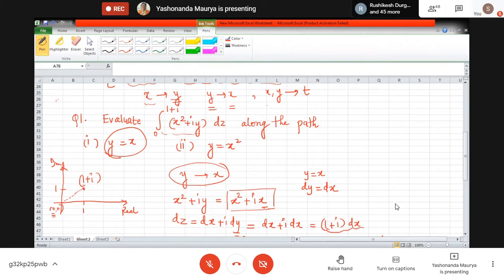So this expression, either we can express x in terms of y or y in terms of x, or x, y both of them in terms of a third variable t. Any one of them can be taken. Now the curve that is given is y is equal to x square. So which variable is expressed in terms of which variable? Over here, y is expressed in terms of the variable x. So again, we'll try to do similar things. What will be the function in that case?